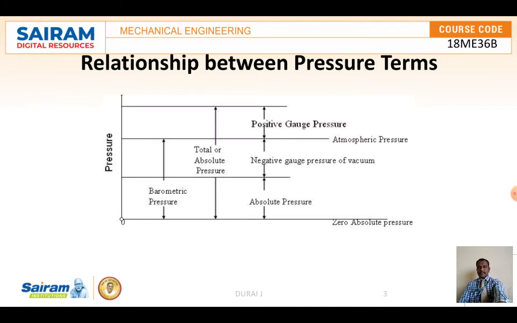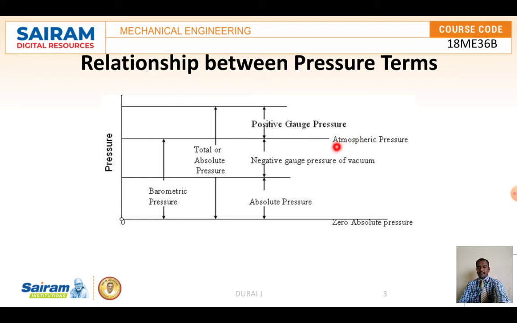Okay. So this diagram shows the relationship between the pressures. If you check over here, this is the atmospheric pressure. Exactly the atmospheric pressure we are going to measure at sea level, seashore area. There it will be 1.013.